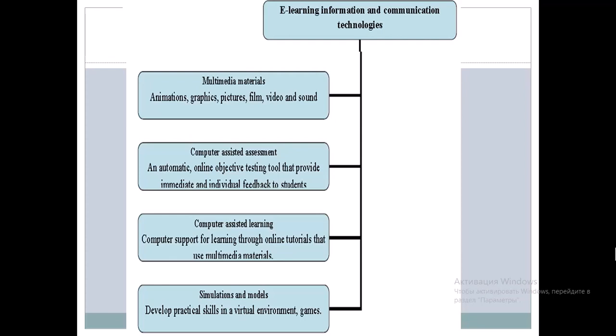Computer-assisted learning: computer support for learning through online tutorials that use multimedia materials. Simulations and models develop practical skills in a virtual environment, and games. All these technologies can be used by teachers, students, and pupils.